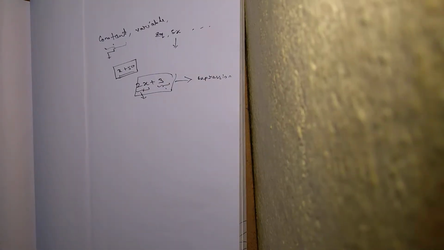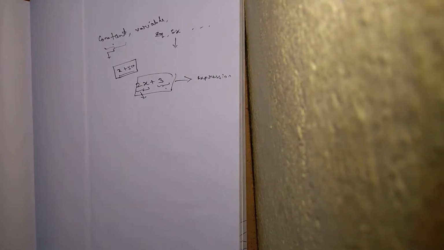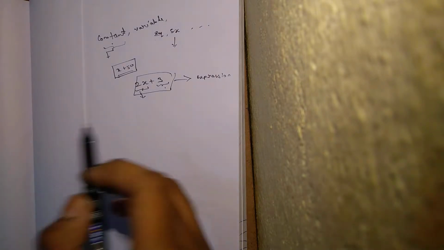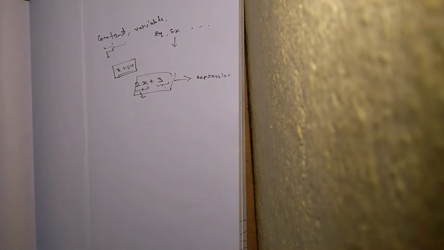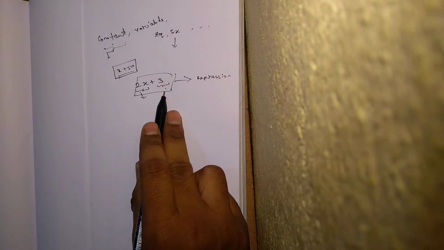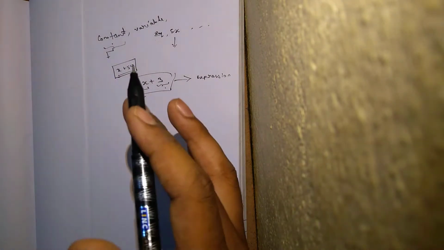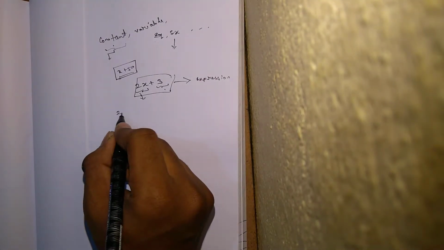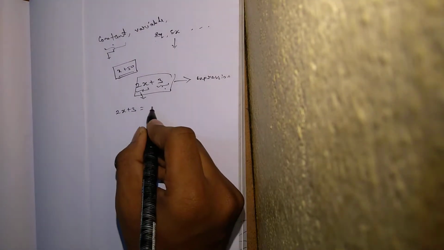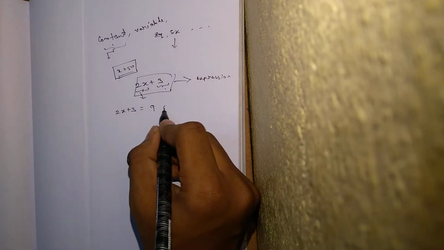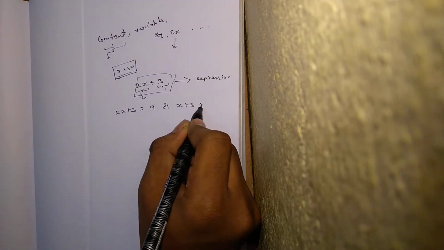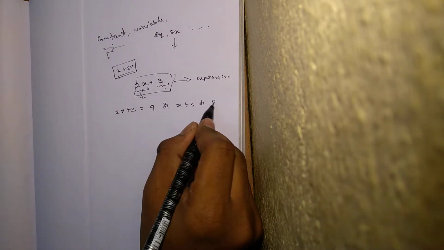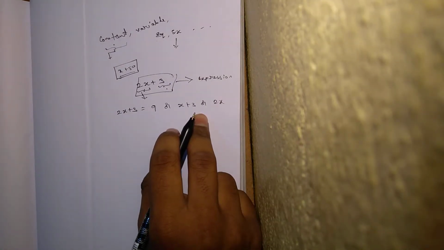And now we'll move to the equation. You're quite comfortable with constant, variable and expression. Now we'll know about equation. If we equate this expression to some other algebraic expression or constant or to a variable, then we call it an equation.